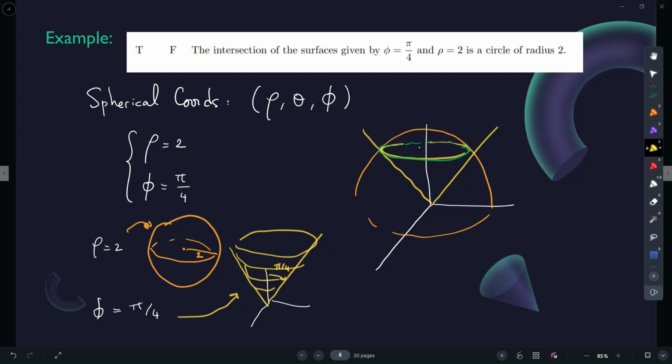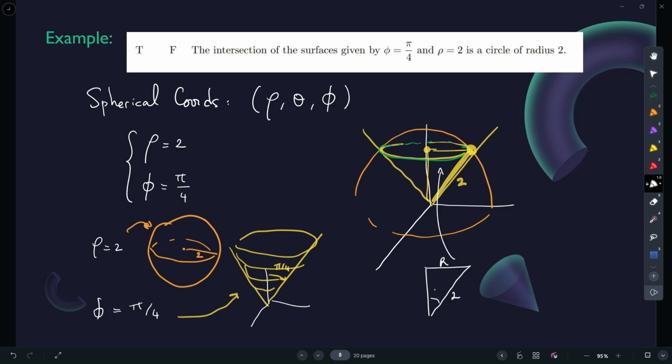And I don't think it can be, because this distance from here to here has to be 2. So whatever this radius is, it is not going to be 2. Why? This shape over here is a triangle. This radius is 2. This is the radius I'm trying to figure out.